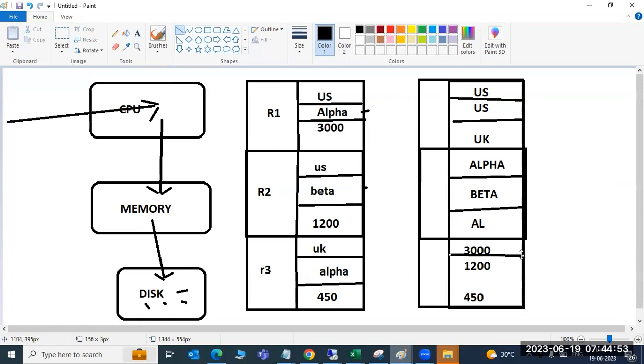The benefits I'm talking about here. If anyone is getting confused, just ignore this. These are the columns: column 1, column 2, and column 3. So this is the difference in how the data is stored at the database level.